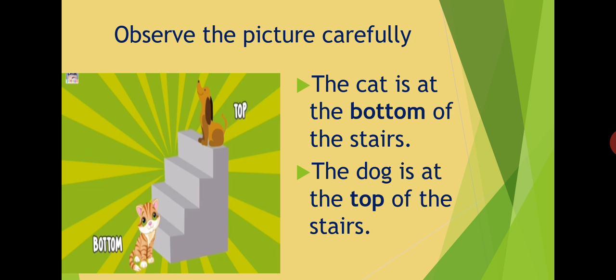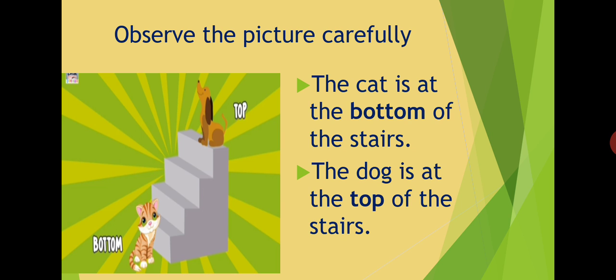Look at the next slide. Now look at the position of a dog and a cat. The cat is at the bottom of the stairs and the dog is at the top of the stairs.